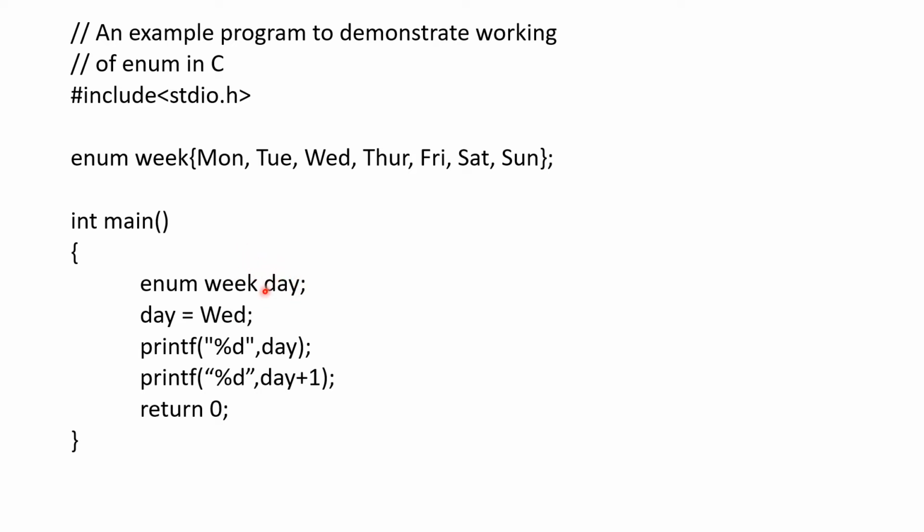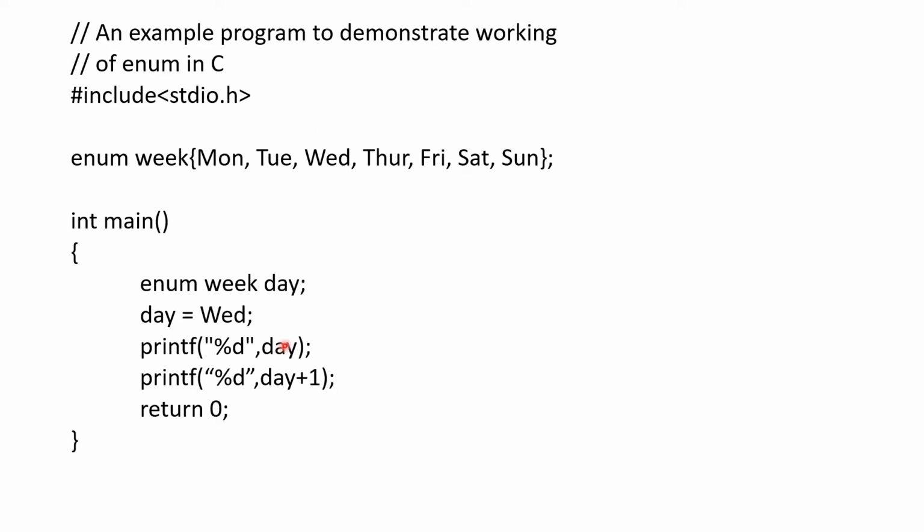Now after that I assign day is equal to Wednesday, and when you print this day using the percent d specifier, which is used to print the integer value, it will give you the output 2, because Monday has value 0, Tuesday has value 1, and Wednesday has value 2.